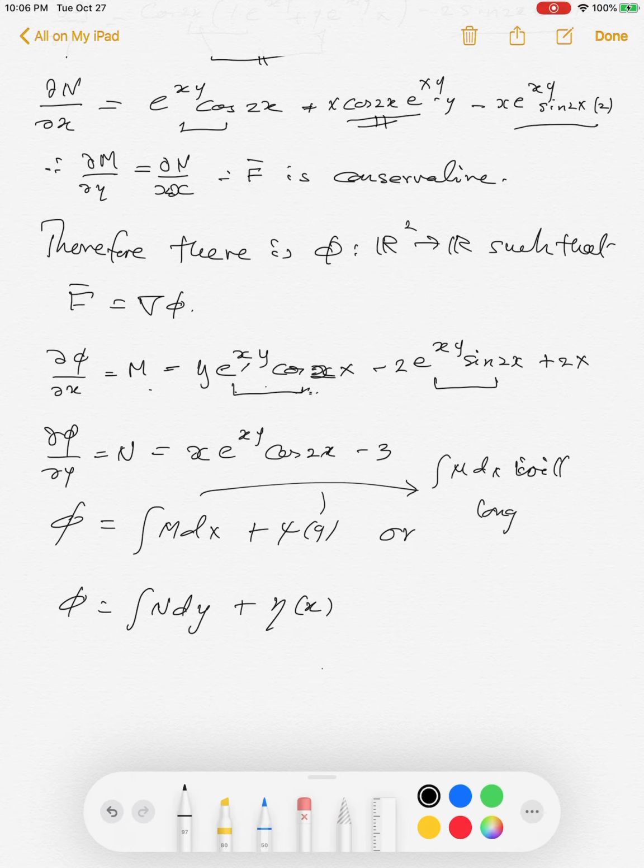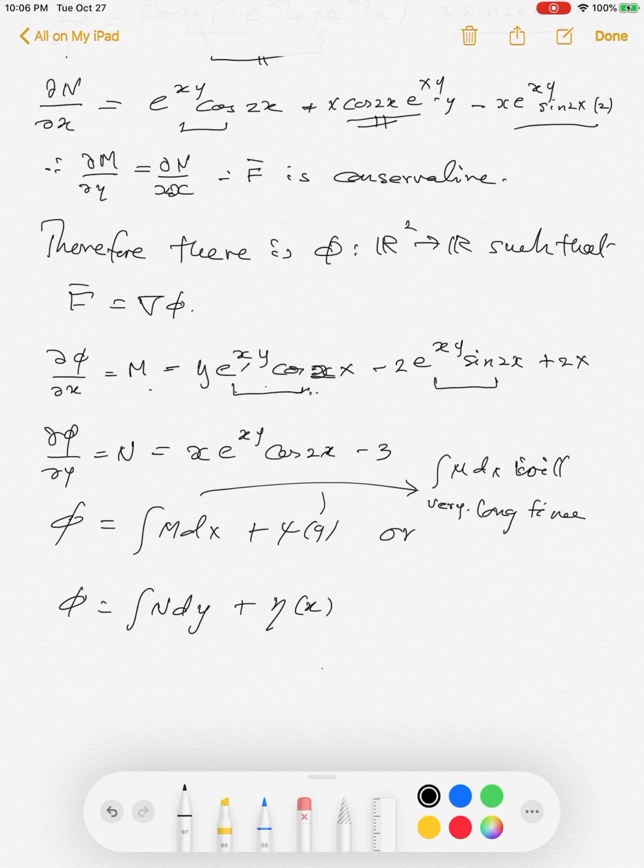So the integral of M dx will take a long time. You need to use integration by parts twice, and that too the long integration by parts, where each one will need two integrations by parts, if you remember how to integrate exponential times trig functions.